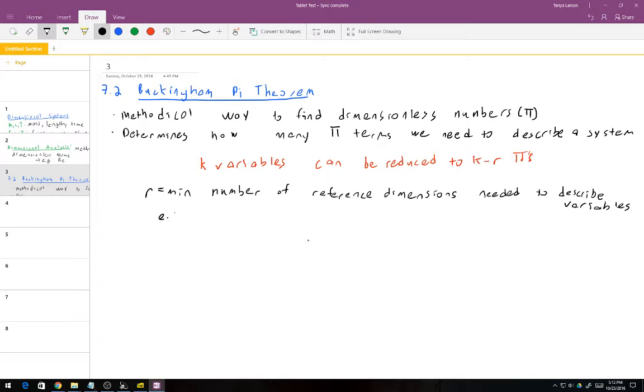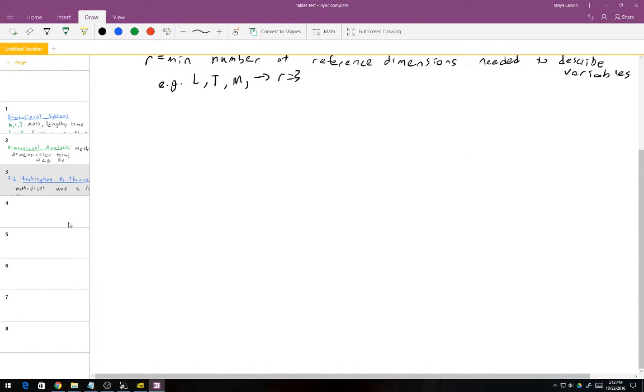So for example, if you have L, T, and M, then R is going to be equal to 3. So, let's see how something like this works. Let's continue working through our previous example.